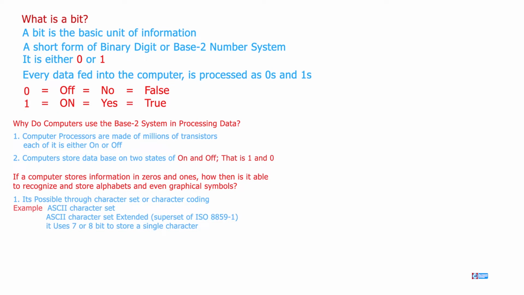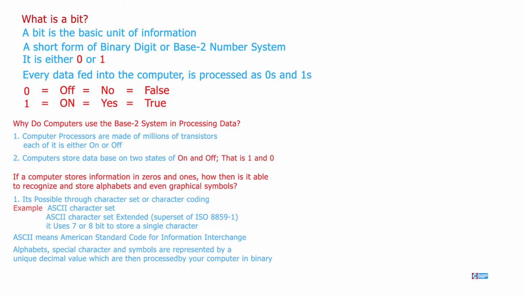An example is the ASCII character sets and ASCII Extended, which use 7 and 8 bits of memory to store a single character. ASCII means American Standard Code for Information Interchange. In this code, alphabets, special characters and symbols are represented by a unique decimal value, which is then processed, understood and converted by your computer in binary.